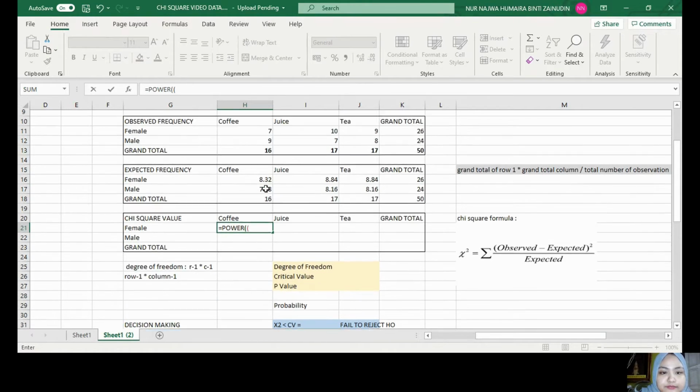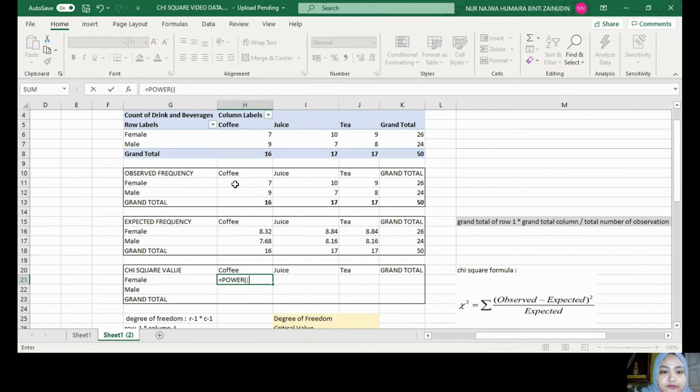You put two brackets. Observed frequency for female and coffee is 7, minus expected, close bracket, comma 2, close bracket, divide by expected, enter.